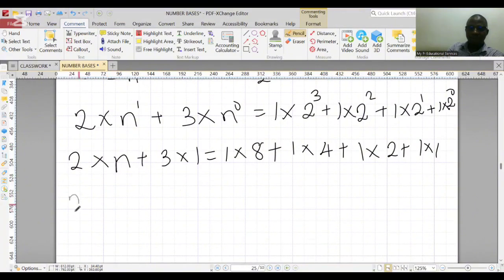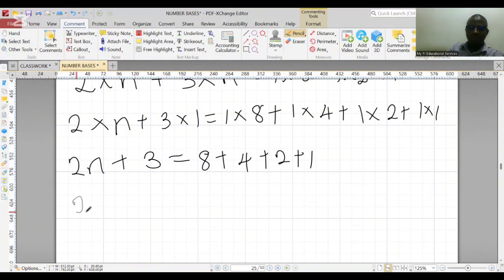So we have 2 multiplied by n raised to the power of 1 will give you n, plus 3 multiplied by n raised to the power of 0 is 1, equals 1 multiplied by 8 plus 1 multiplied by 4 plus 1 multiplied by 2 plus 1 multiplied by 1. So 2 times n will give us 2n plus 3 equals 8 plus 4 plus 2 plus 1, that will give us 15.